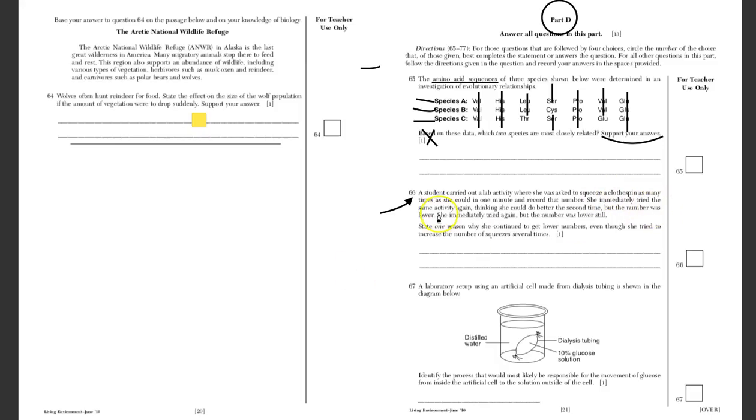She immediately tried the same activity again, thinking she would do better the second time, but the number was lower. She immediately tried again, but the number was lower still. State one reason why she continued to get lower numbers, even though she tried to increase the number of squeezes. So, what do you think happened here?